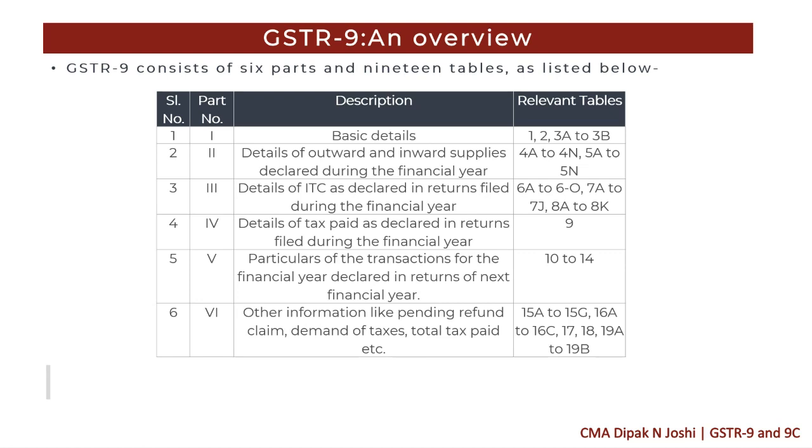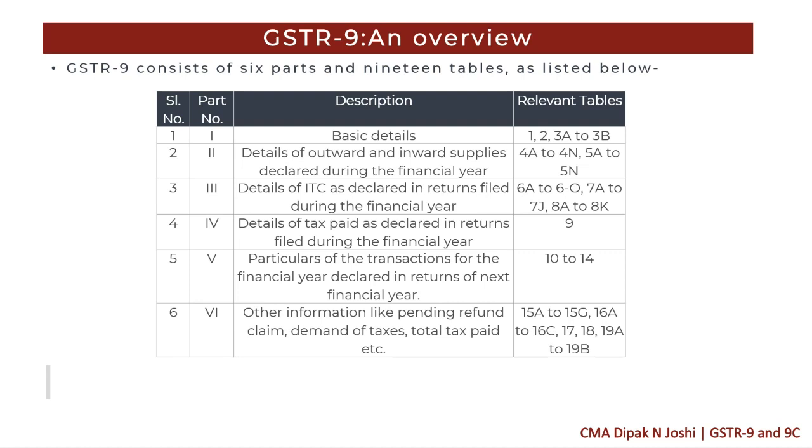Part 2 of GSTR 9 is regarding outward and inward supplies declared during the financial year. In this part, we are reporting details of outward supply which is subject to tax in table 4 and outward supply which is not subject to tax in table 5.